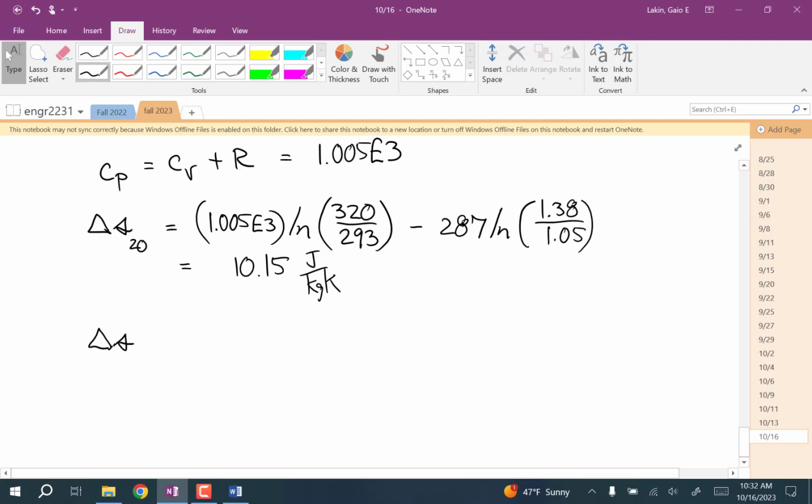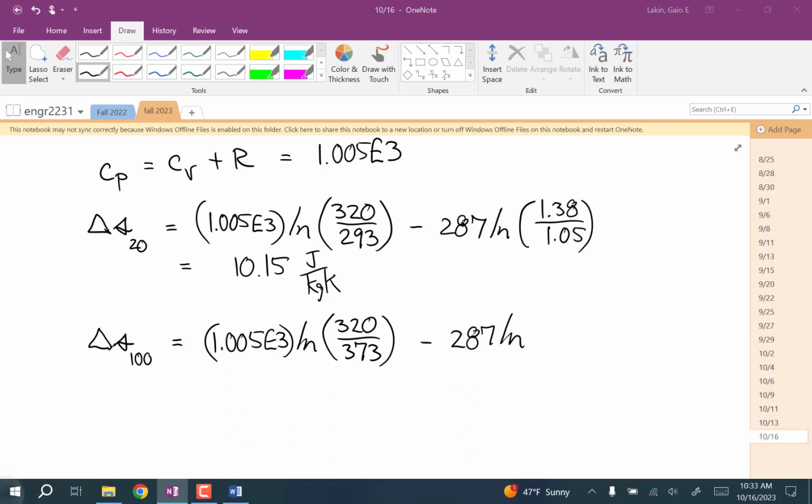And then the change in specific entropy for the air that starts at 100 degrees Celsius: 1.005 times 10 to the third times the natural log of 320 divided by 373, minus 287 times the natural log of 1.38 divided by 2.68.